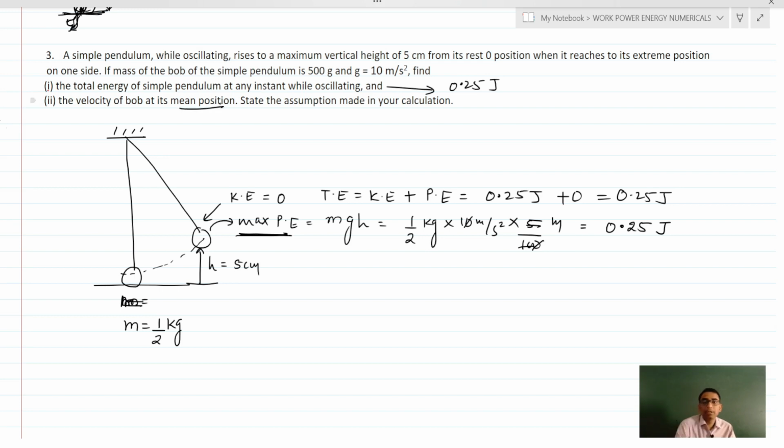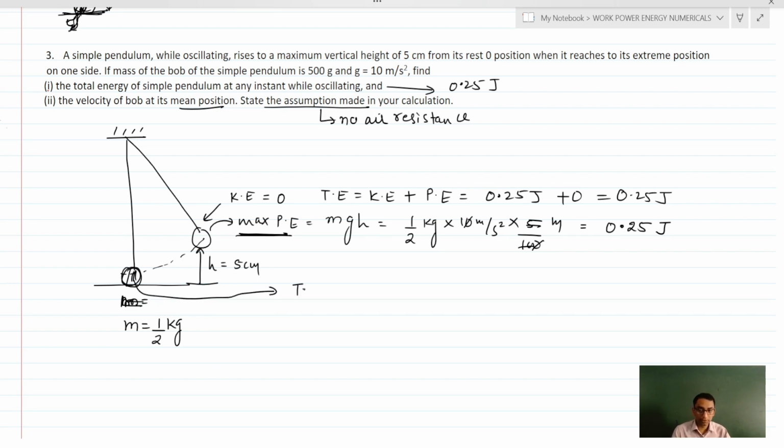Velocity of the bob at its mean position, and we haven't taken air resistance into our account. So the assumption that we are making is no air resistance or no loss of energy. So the total energy at the top will be equal to the total energy at the bottom point.